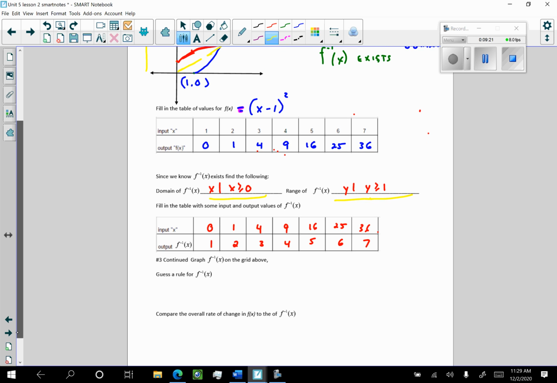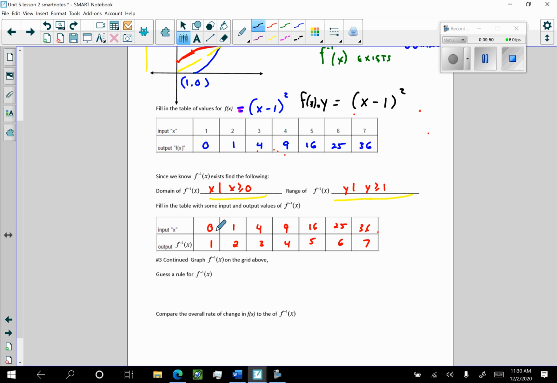And so could you guess a rule for the output of the inverse? Could you guess a rule for that? Well, here's my function, y is equal to x minus 1 squared. This is f of x. Could you guess a rule for that?